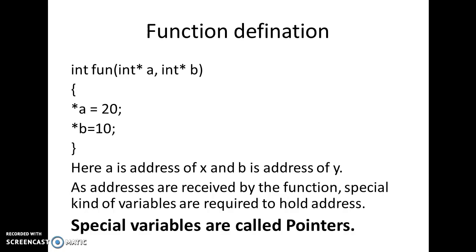As the addresses are received by the function, special kinds of variables are required to hold addresses. Hence, we require special variables called pointers. We consider this example later on.